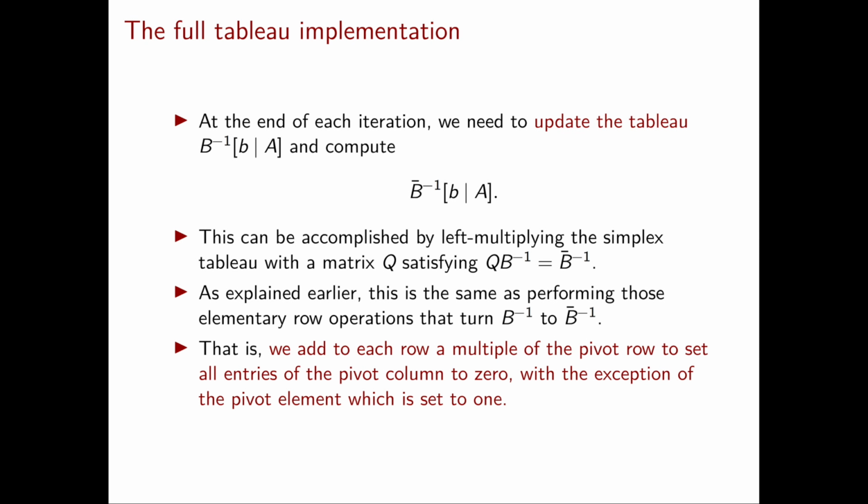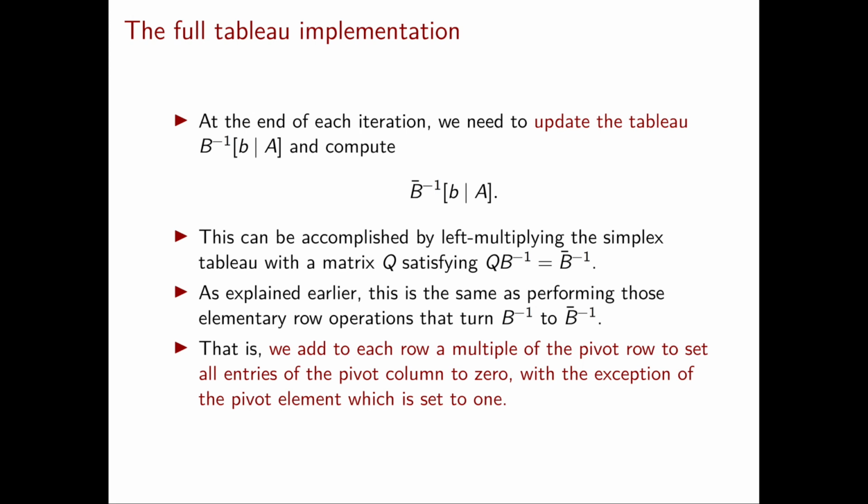If you remember, these were the operations needed to transform the u vector into the unit vector e_l by adding to each row multiples of the lth row. Now, with the notation introduced in the full tableau implementation, the u vector is the pivot column, while the lth row is the pivot row.